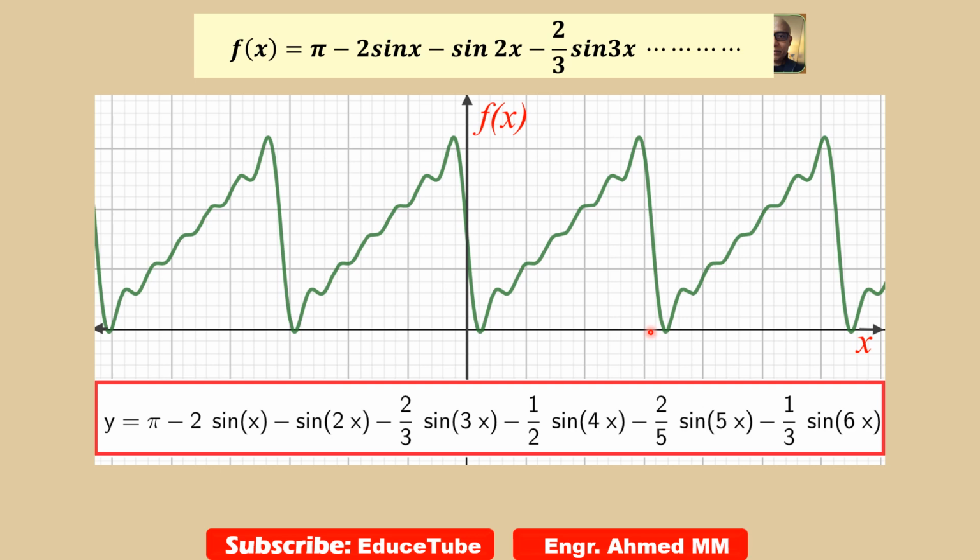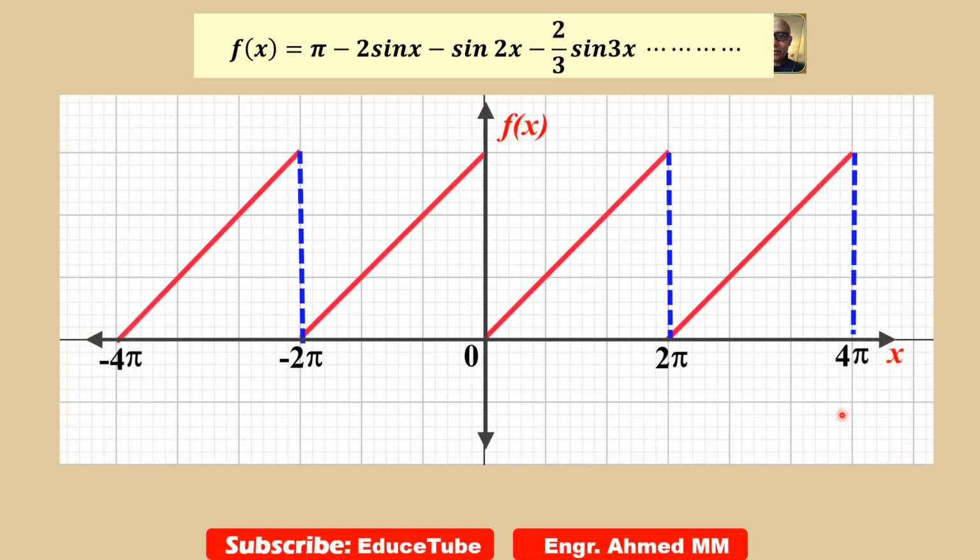So let's see what it would be if you take a lot of sine terms in this equation instead of 6. Suppose instead of 6, I take 100, it's very hard to do, but assuming I have taken lots, the shape will be a straight line like this.